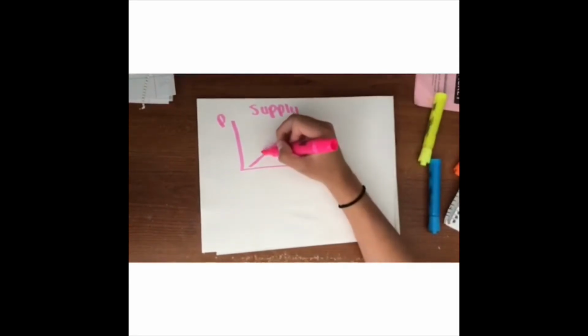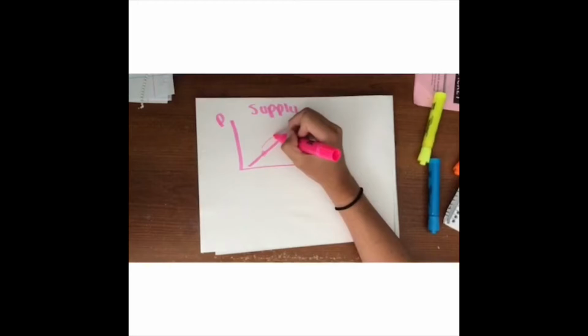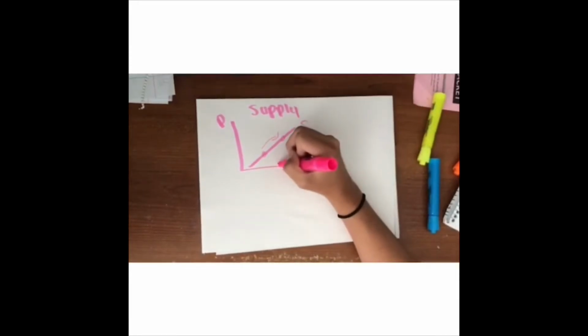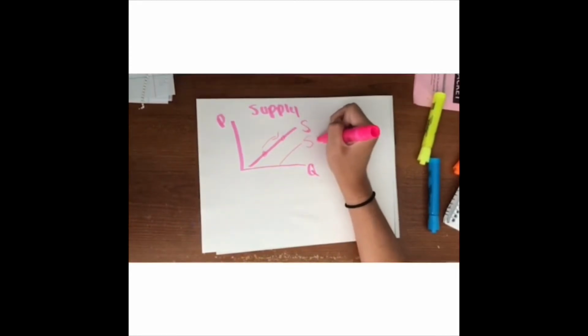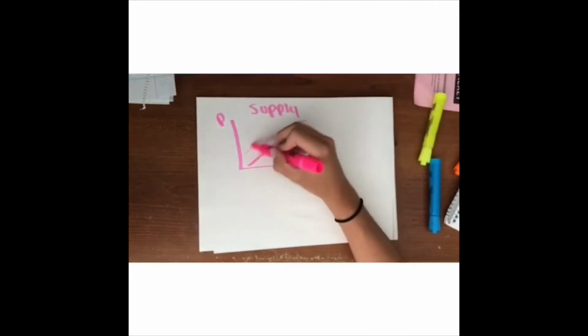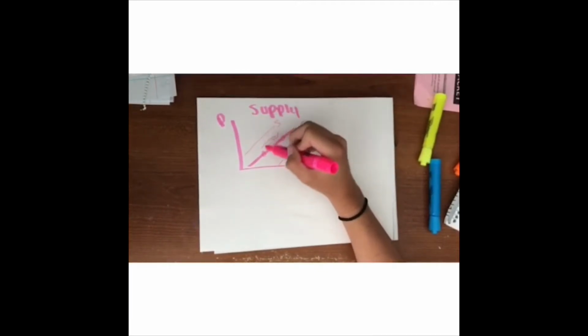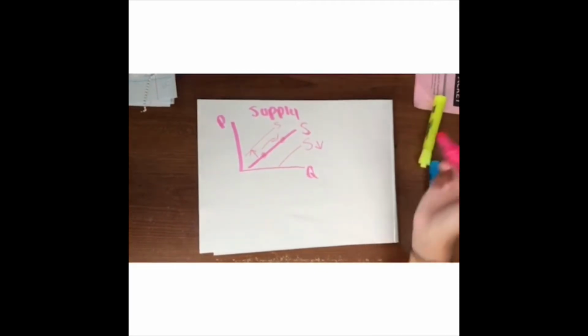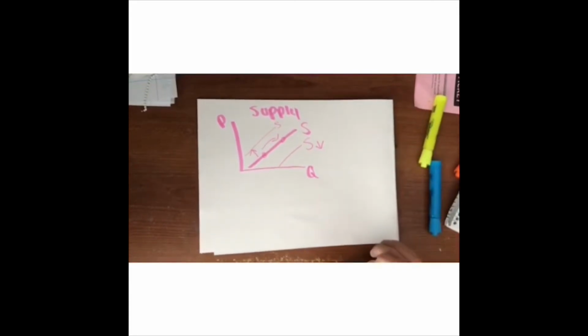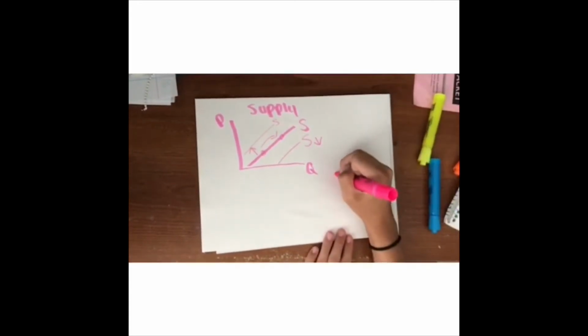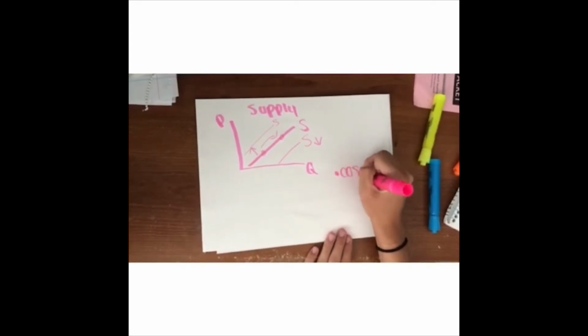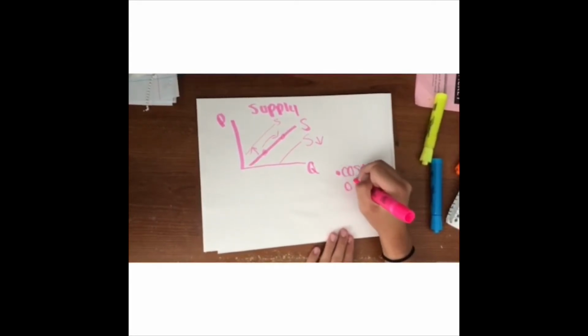So movement would be from one point to another. A shift would be either an increase, which would be downwards for supply, or a decrease, which would be upwards. So there's really only two main determinants for the shift in supply, and the first one would be costs of the factors of production.